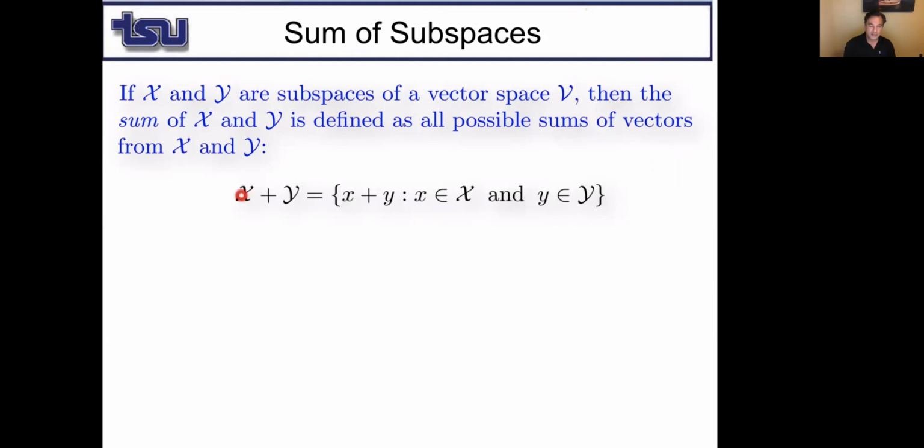The sum of two subspaces consists of all elements of the form where the first one comes from the first subspace and the second one comes from the second subspace.